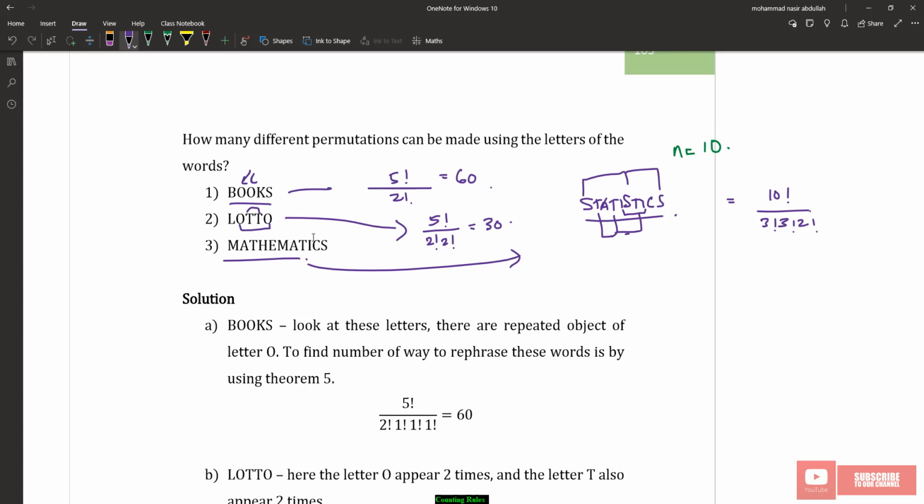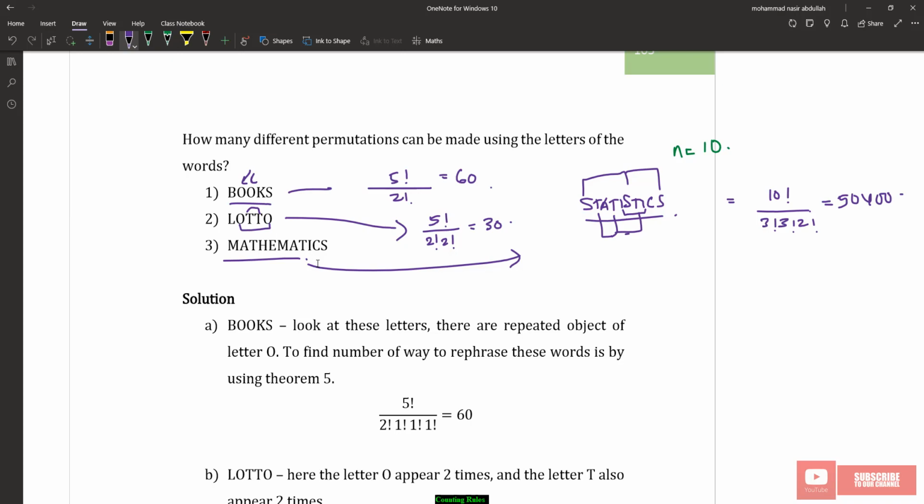I think that's all, the repeated objects. So how much is this equal to? 50,400. Yes, correct.